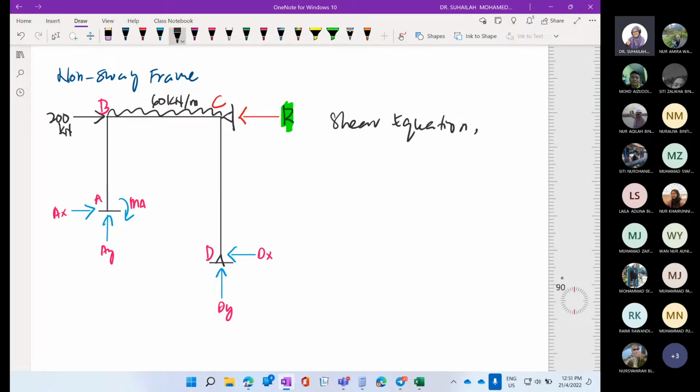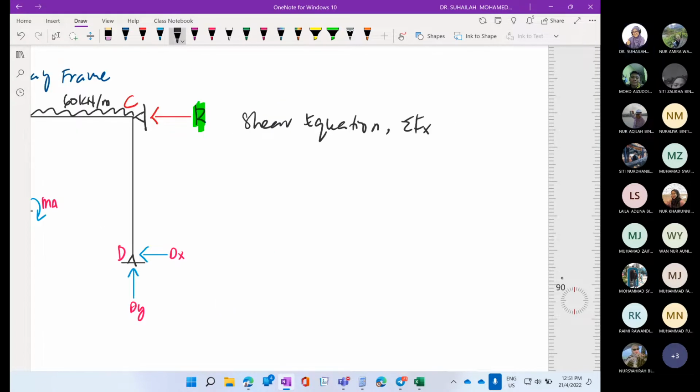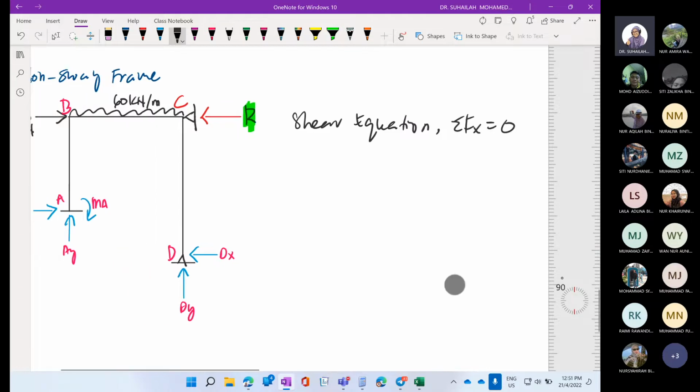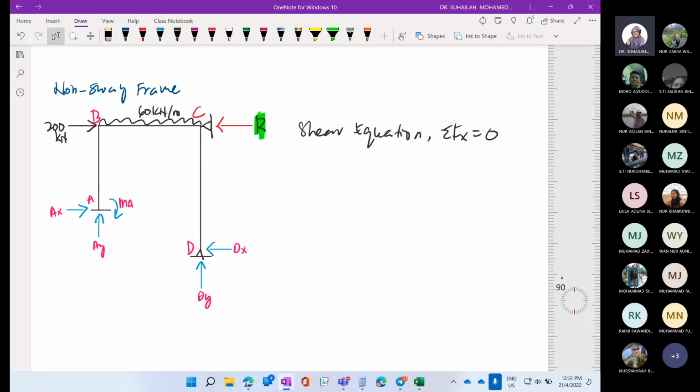Shear for column means in the horizontal direction. So total Fx is equal to 0. By looking at the diagram, we can write an equation. What is the equation? It relates all the horizontal forces or horizontal reactions in the diagram.